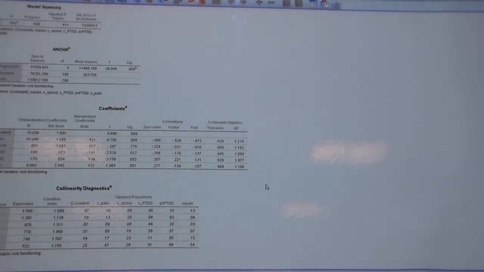And it tells us that the relation between PTSD and functioning is dependent on pain. Or we could flip this around and say the relation between pain and functioning is dependent on PTSD, and the relation of opiate use and functioning is dependent on pain levels, right? These interaction terms are interchangeable, right?